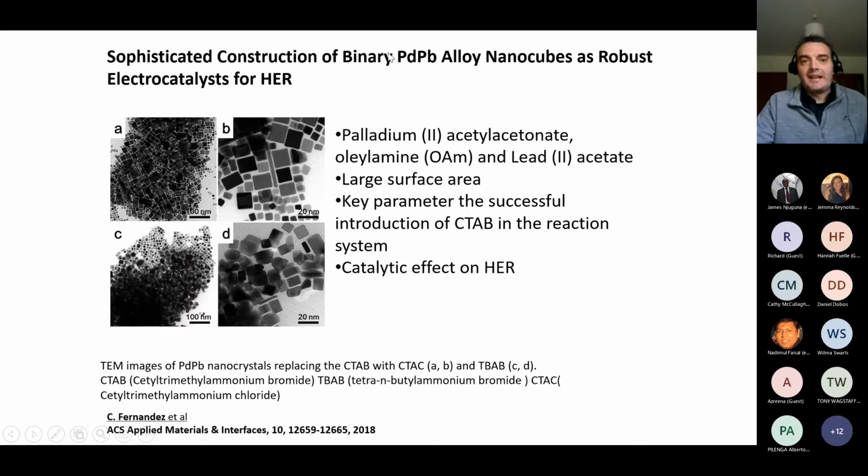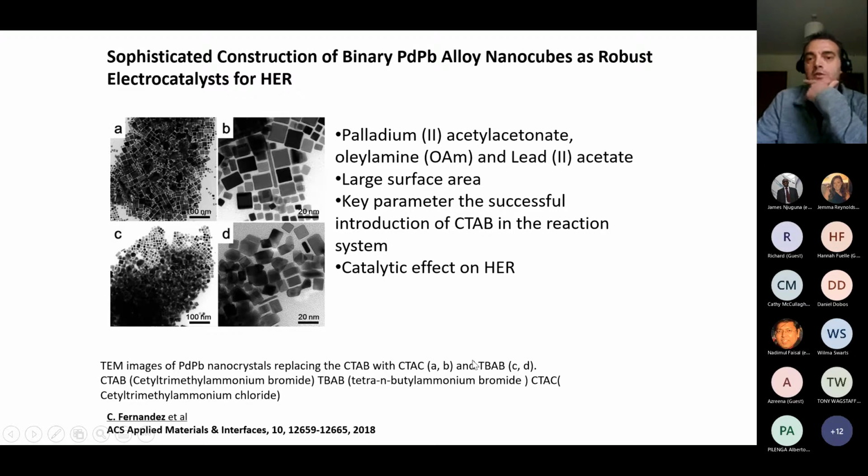The other one, quite interesting, is another type of nanocube material, made of palladium and lead. In this particular case, we created those nanocubes, as I put in there, and they work really well as electrocatalysts for the hydrogen evolution reaction and other applications that we will also be looking at.